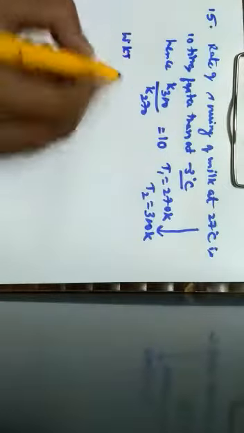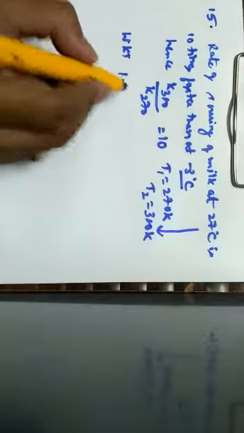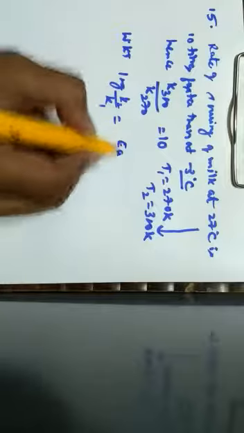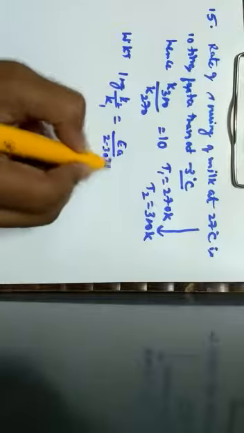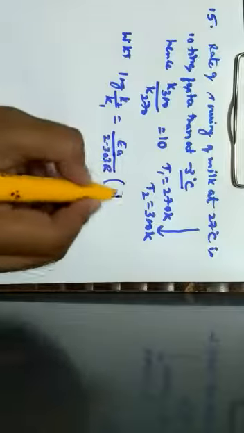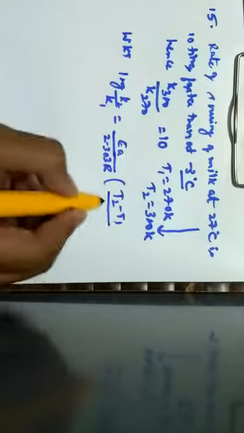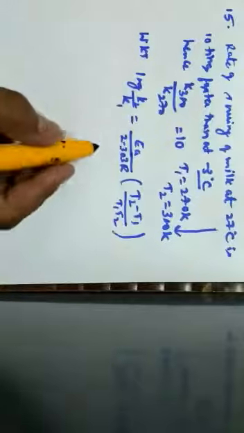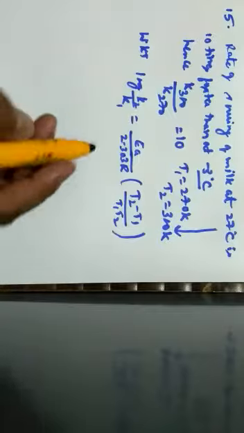So we know that the energy of activation can be calculated by the formula log of K2 by K1 is equal to EA divided by 2.303 into R into (T2 minus T1) divided by T1 T2. So here we have to calculate the energy of activation.